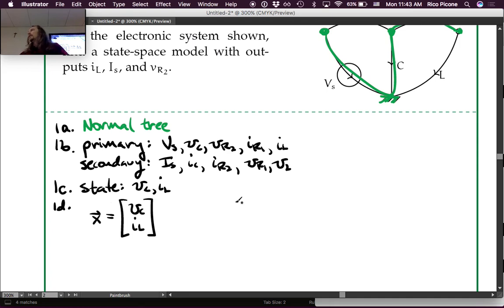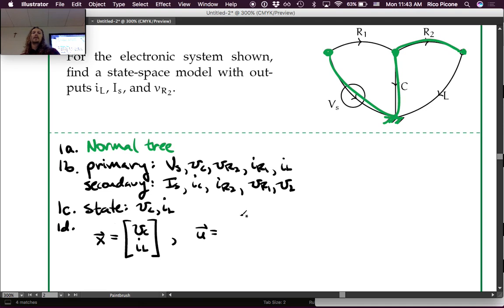Yeah, no reason we couldn't have, but once you choose something, you should stick to it. Then let's do input. So u is equal to, how many inputs do we have? One. So it's a 1 by 1, right? And what is the value? VS. One input, VS.